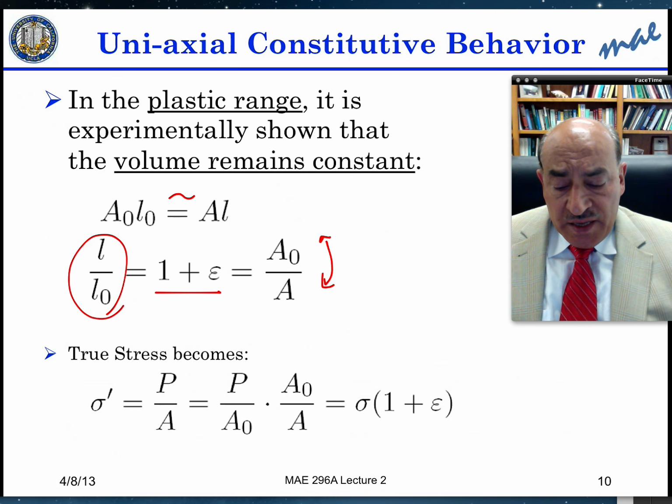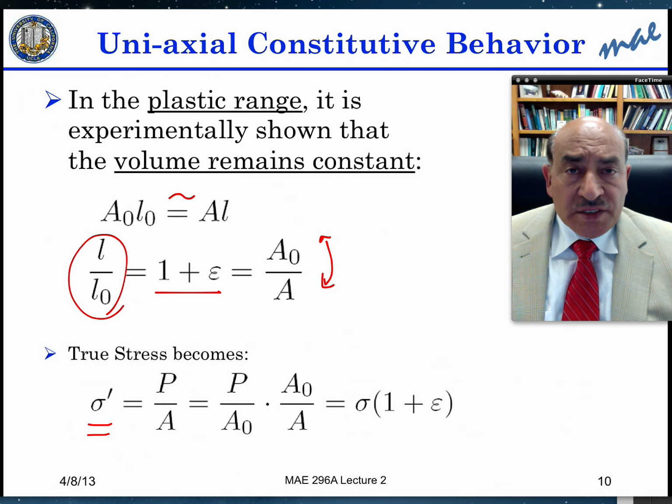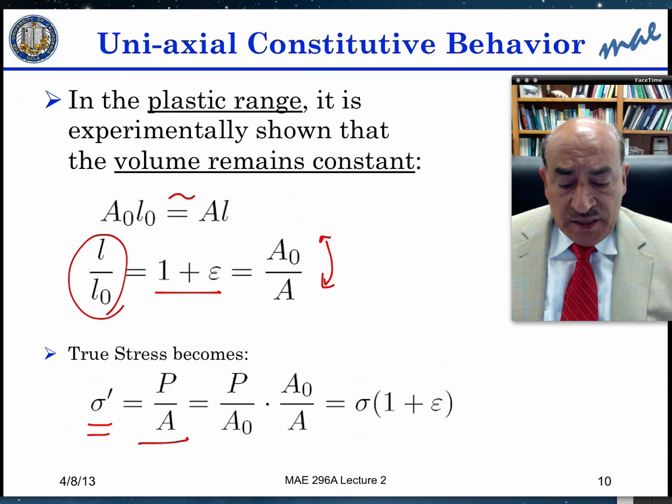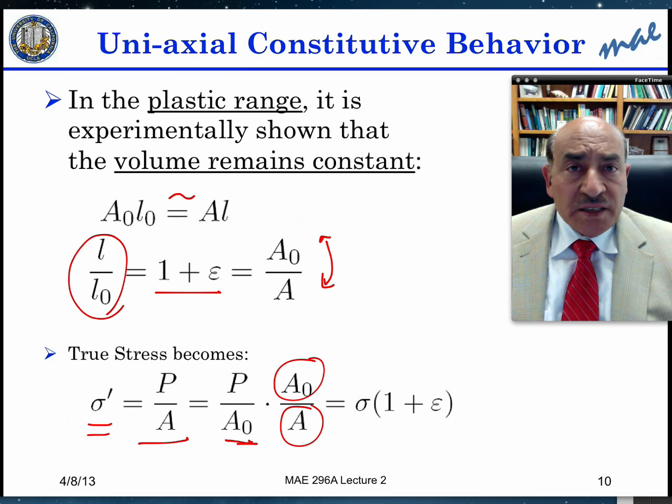Because when I write the true stress sigma prime, it is P over the current area, and I can substitute the current area as the original area times the ratio A over A0. And A0 over A turned out to be equal to 1 plus epsilon.